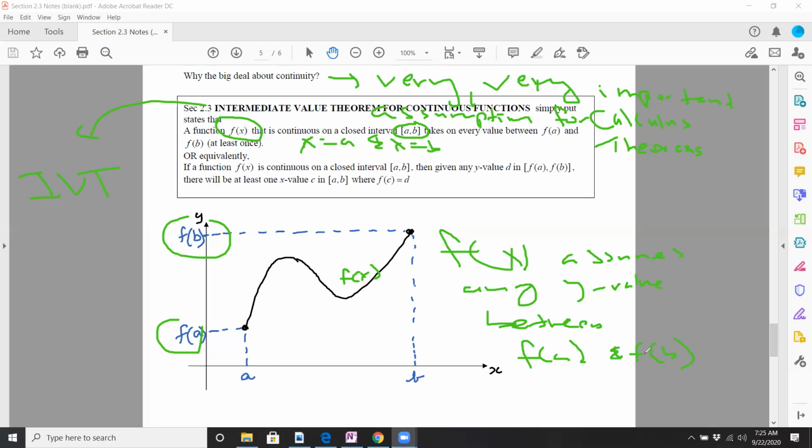And that's pretty much it. That is actually the intermediate value theorem. So this is actually your conclusion. Sorry I didn't make it sound like that. I actually made it sound like a conditional.